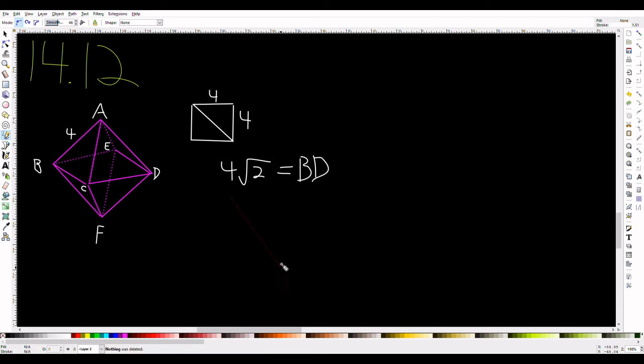Okay, our next step is to find AF, from A down to F. Once again, this might look daunting because you haven't found anything like this before. We're dealing in 3 dimensions, it's looking tough. But remember, we just take everything we see and we turn it into right triangles. That's the story of geometry.